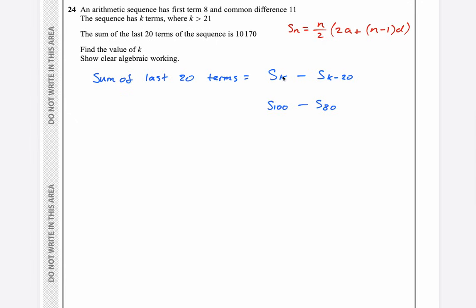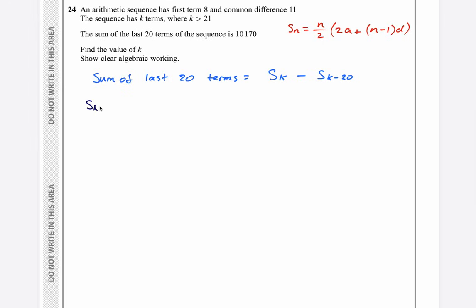So that's similar. Instead of 100, it's k and k minus 20. Now, obviously, guys, this is going to be super hard because I need to create an equation, solve the equation, etc. But that's the first key step. Okay, let's now get S of k and S of k minus 20. And I think I'll do them separately.